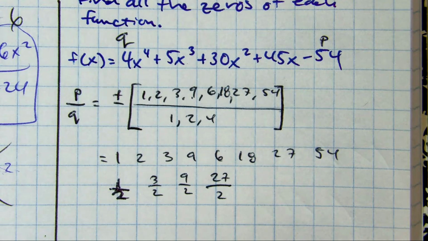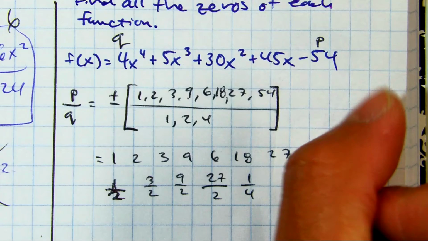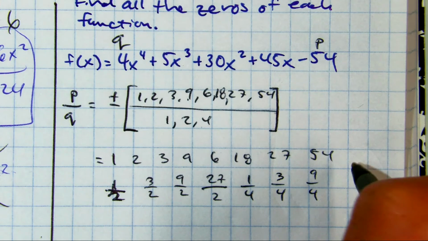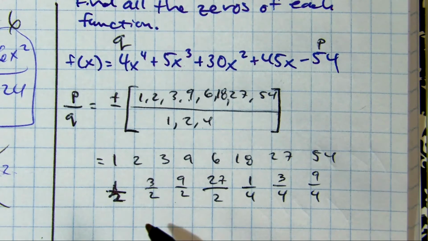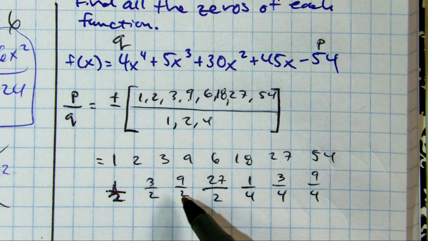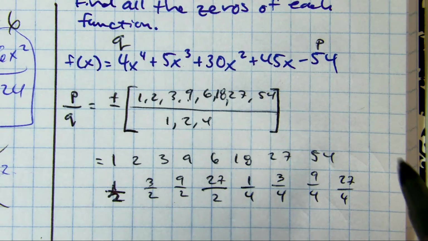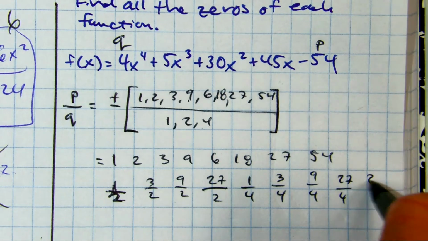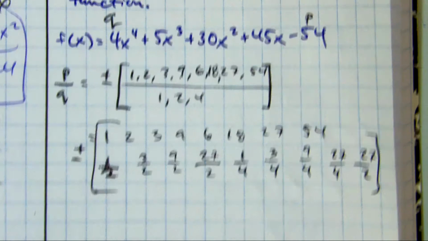I don't know. Just 3 halves. 9 over 2. And that one reduces to 27 over 2. Alright, so those are all the ones you could test, both positive and negative, right? Lots of numbers to test.